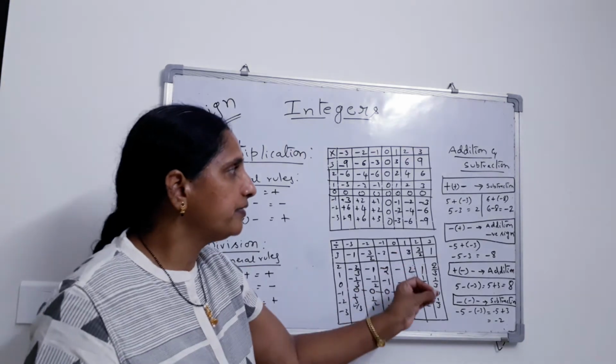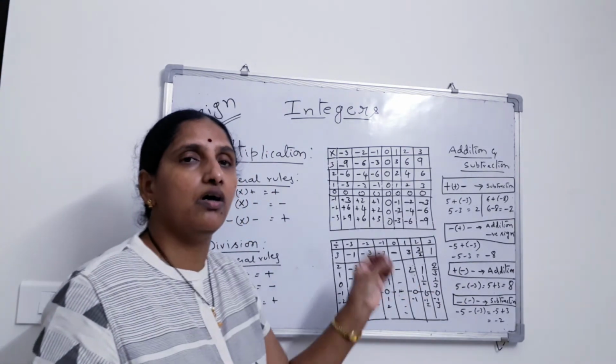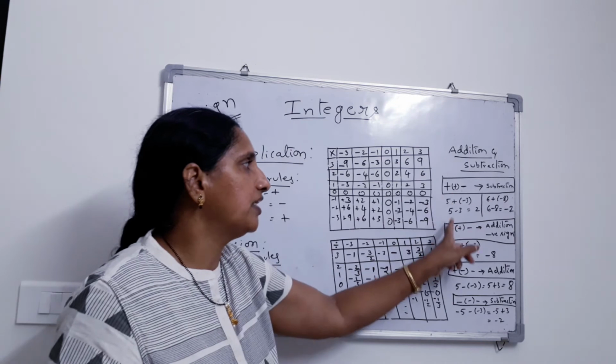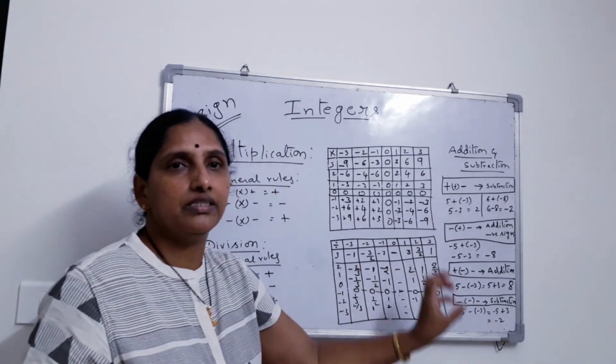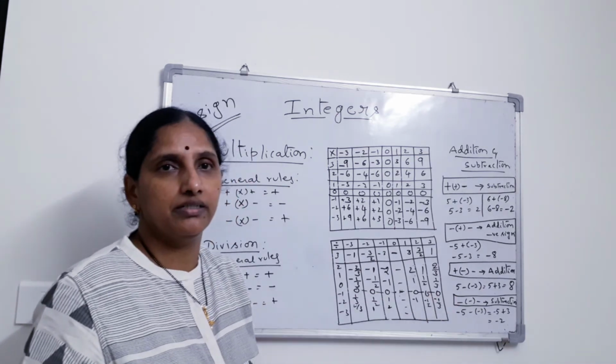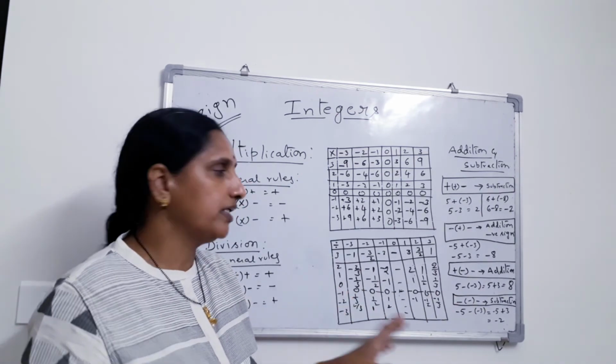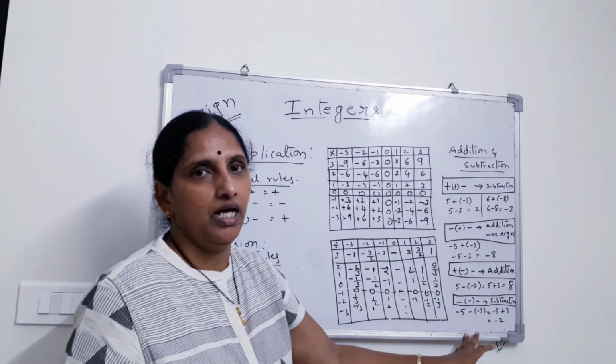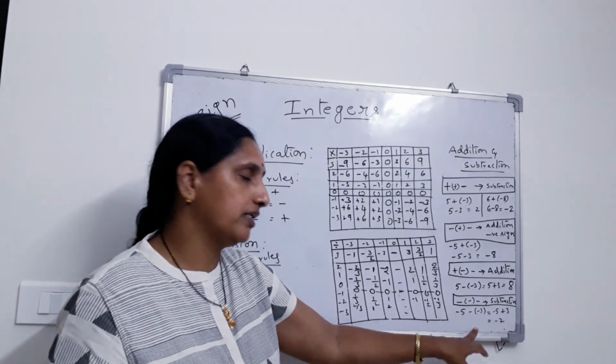Those who can remember can do it like this, or else if needed, please try to learn by heart how you are going to get these things. Of course, you can take the help of the number line here. That may help you a lot. You may take the help of the number line until you understand why we are getting it like this.